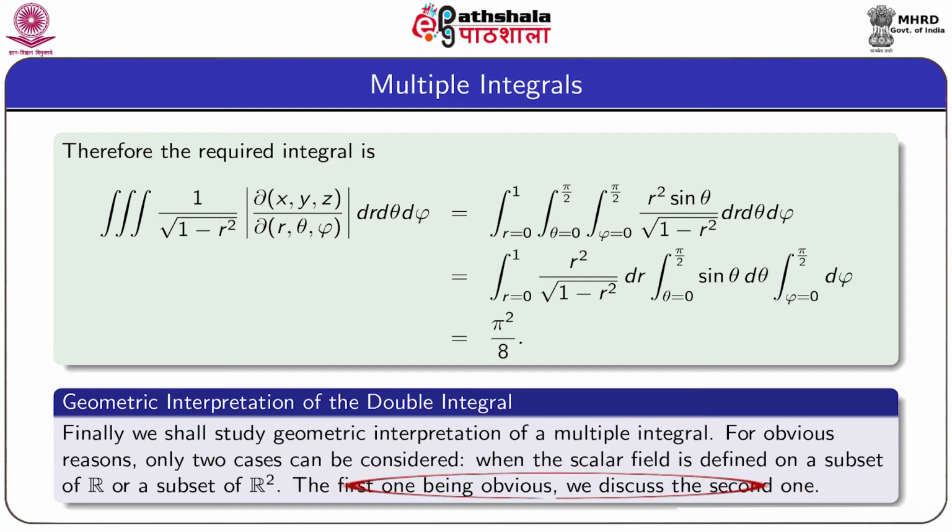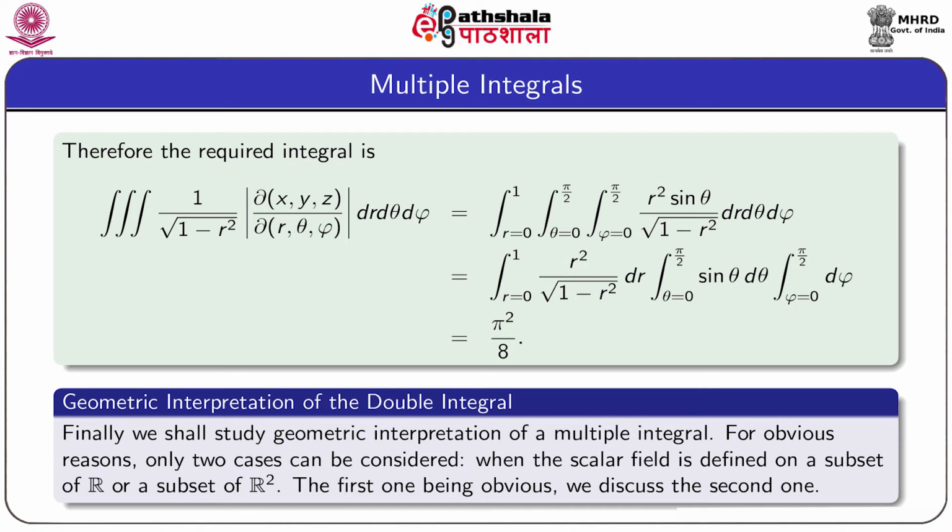The first one being obvious, whenever we consider Riemann integral, the geometric interpretation is to find the signed area bounded by the graph of the function, two vertical lines and the x-axis.